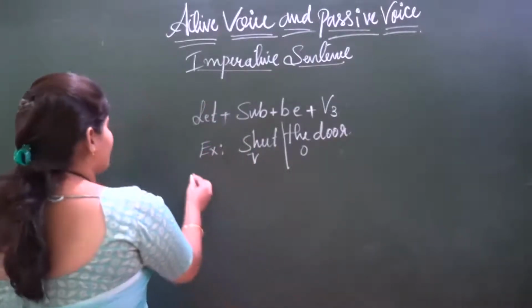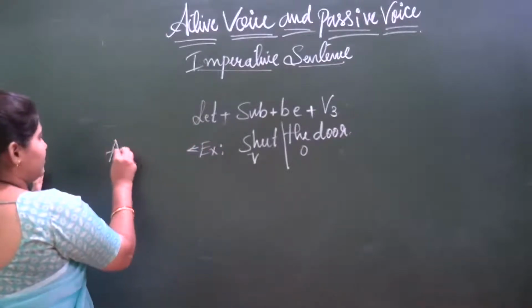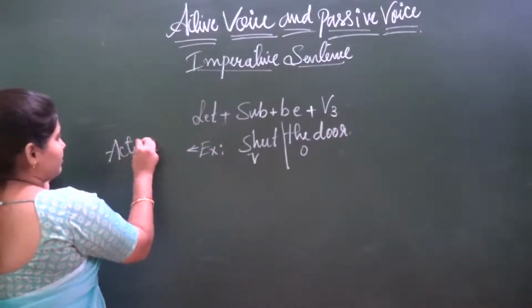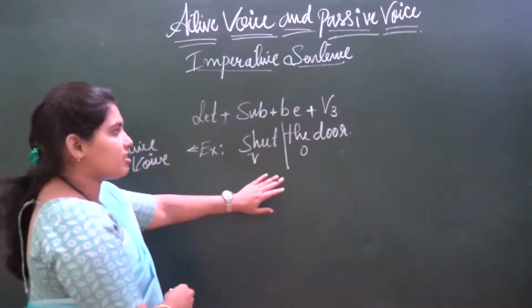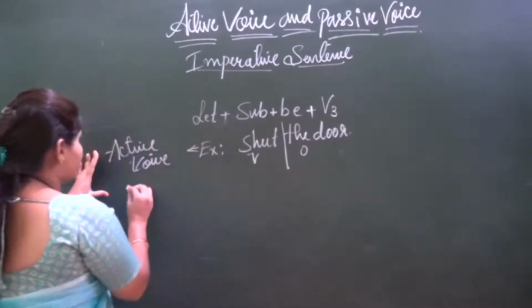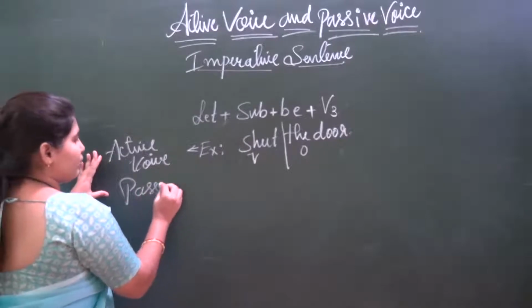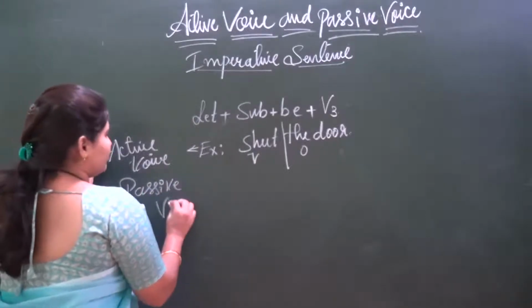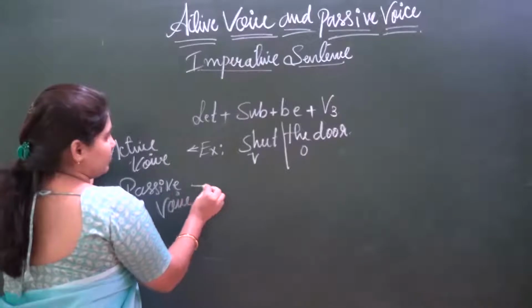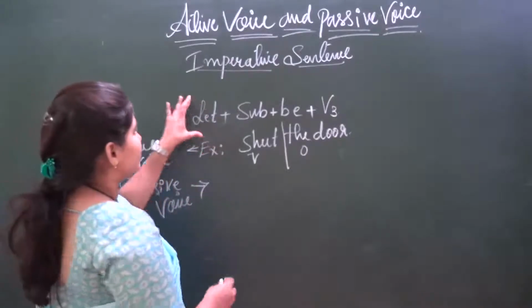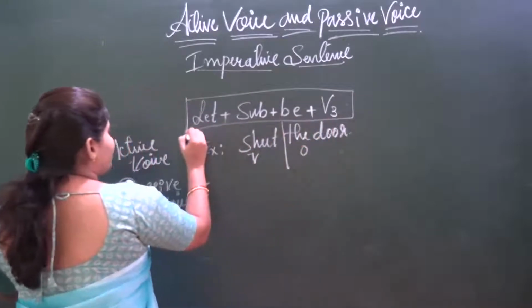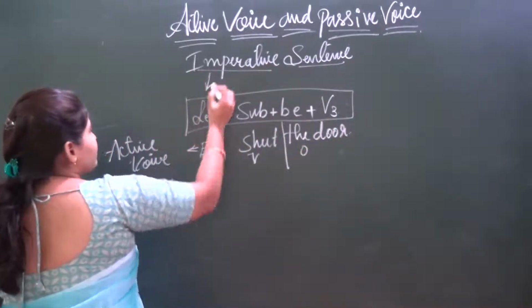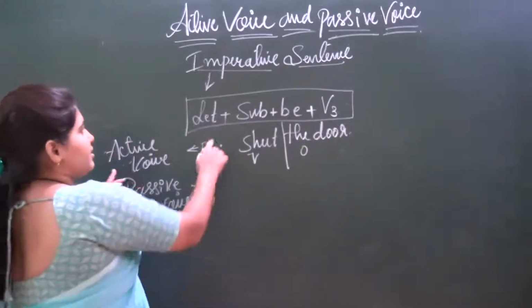This is active voice, right? How will you change this sentence into passive voice? Now, the passive form of the sentence: just follow this formula while you are transforming an imperative sentence.